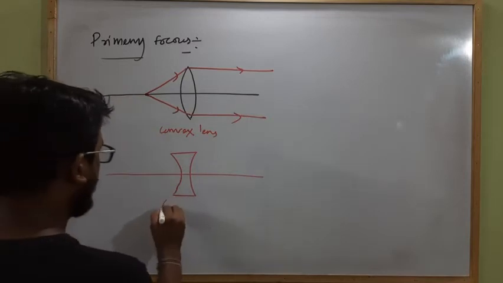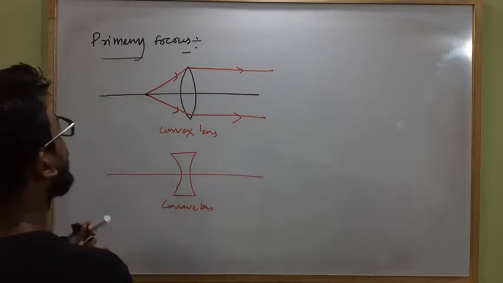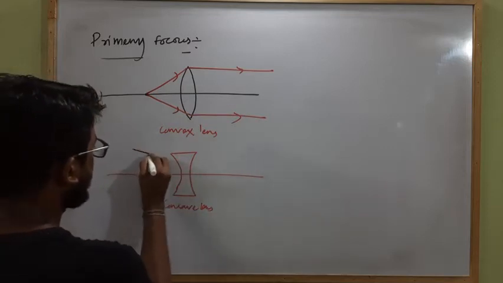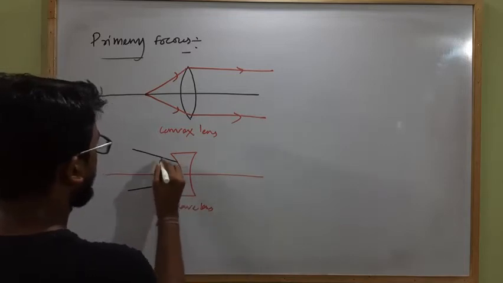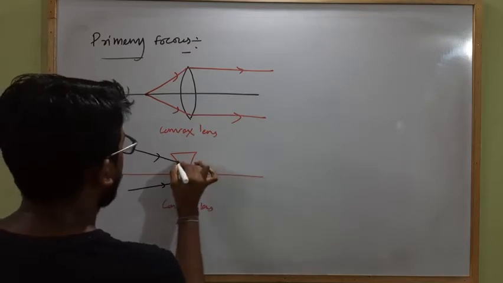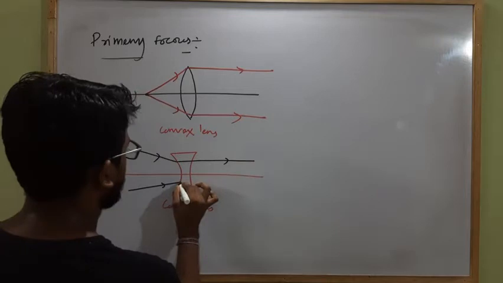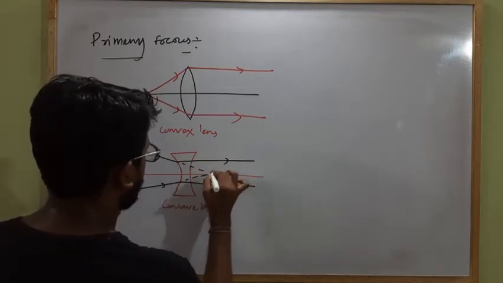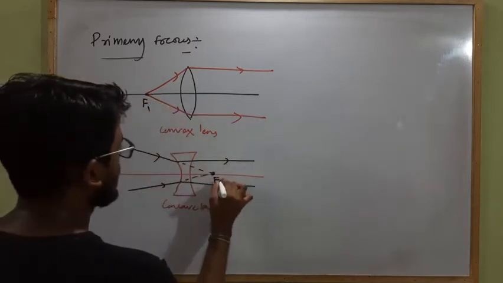So for concave lens, the primary focus is such a point for which the incident rays appear to converge from and after refraction go parallel to the principal axis, like this. Okay, so this is F1 and this is F1.